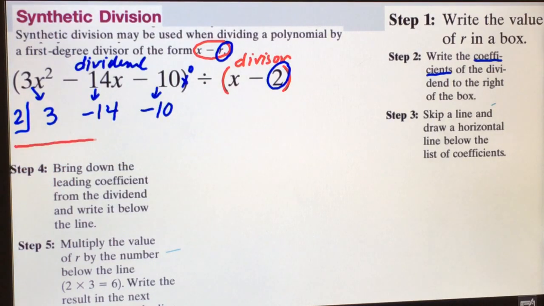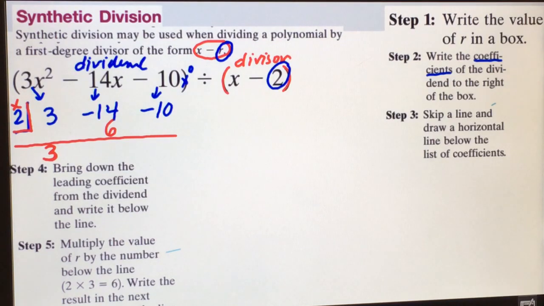We have brought down 3. I am now going to multiply r, which is 2, by this number 3, and I get 6. Now, the result, I'm going to write that below negative 14 here. Okay? So, ultimately, we're multiplying by r. Whatever is down here, we're multiplying by r.